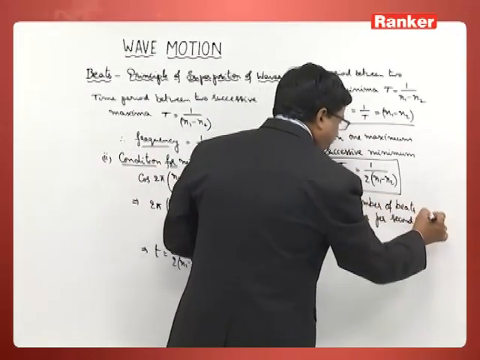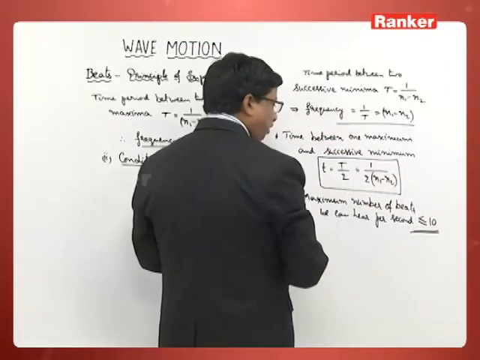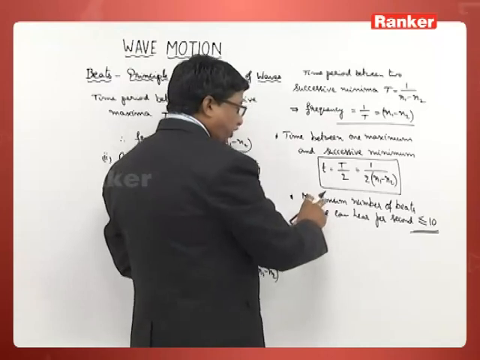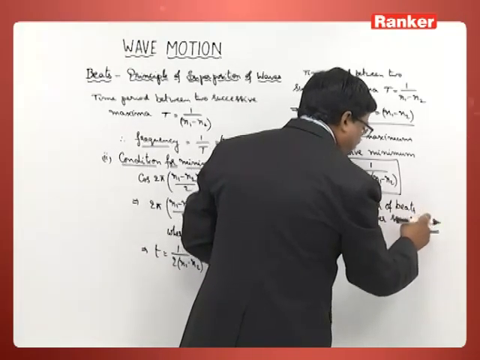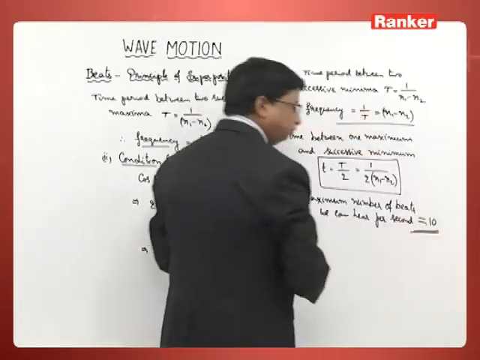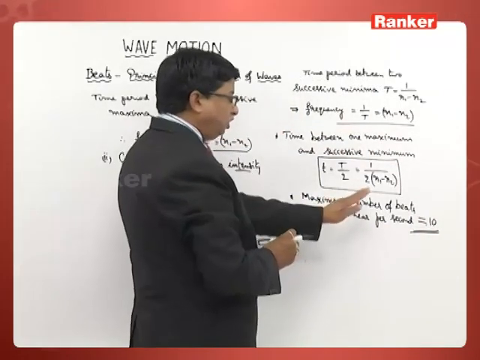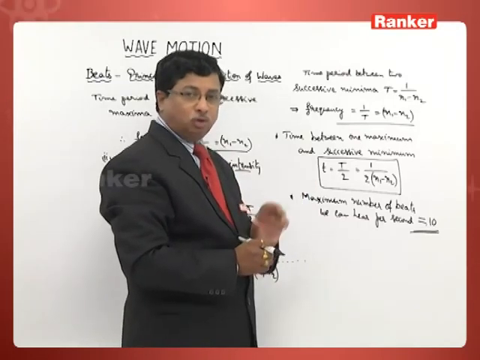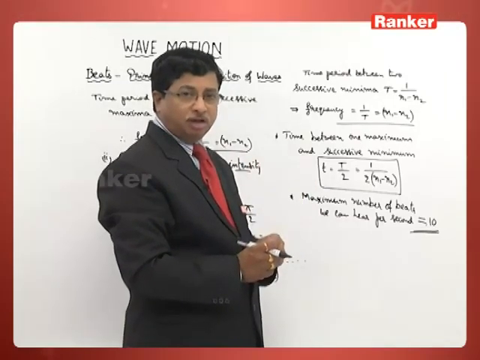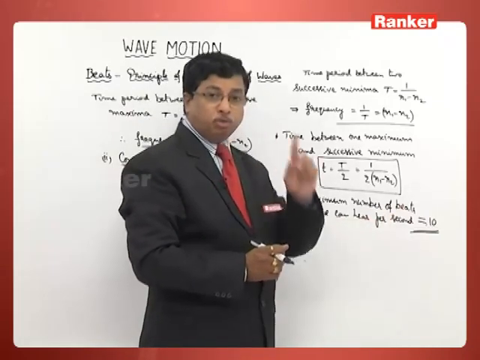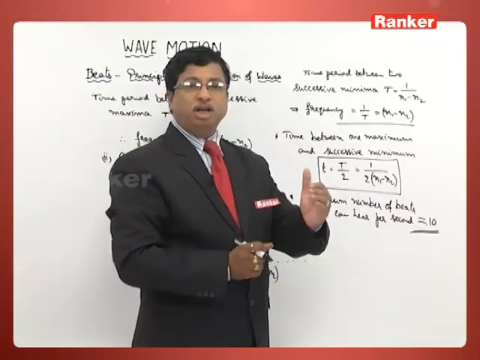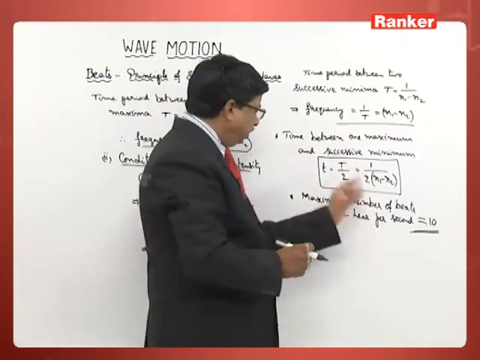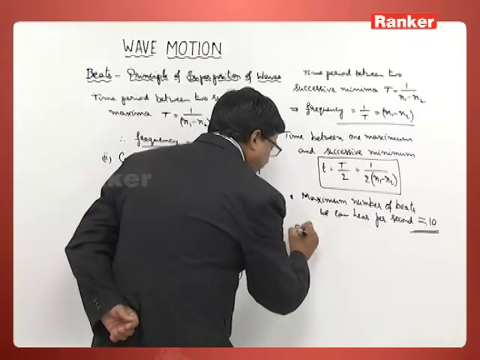So the maximum number is 10. Up to 10 we can hear the beats. Don't think that beats cannot be produced beyond 10. Beats can be produced up to infinity. But how many can we hear per second at a time? Only 10.